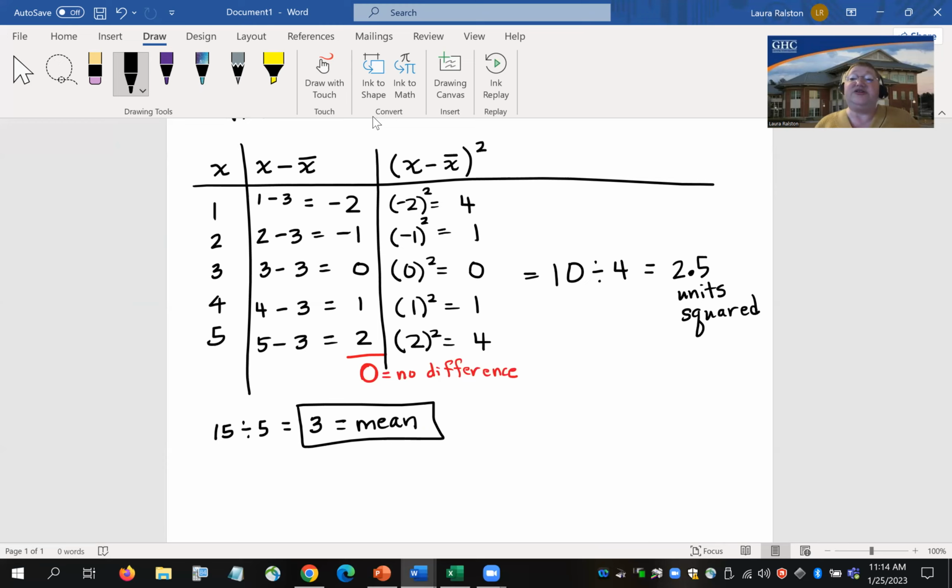But when I go to Europe and measure heights in Europe, they are most likely going to be in centimeters or maybe meters. Probably centimeters would be more likely.